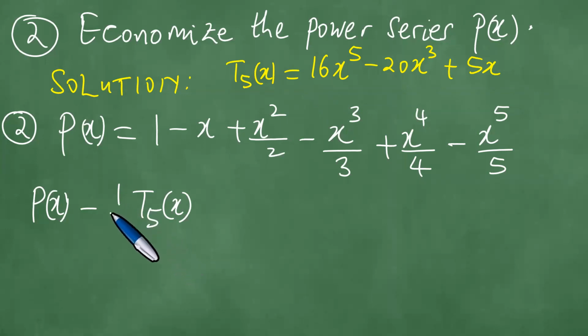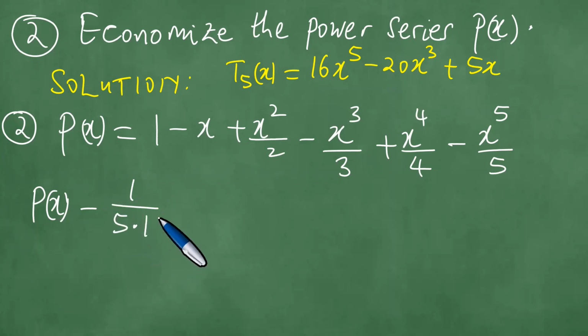So we can multiply these by the following. You can multiply it by 1 over 5 and then remove the 16. Multiply it by 1 over 5.